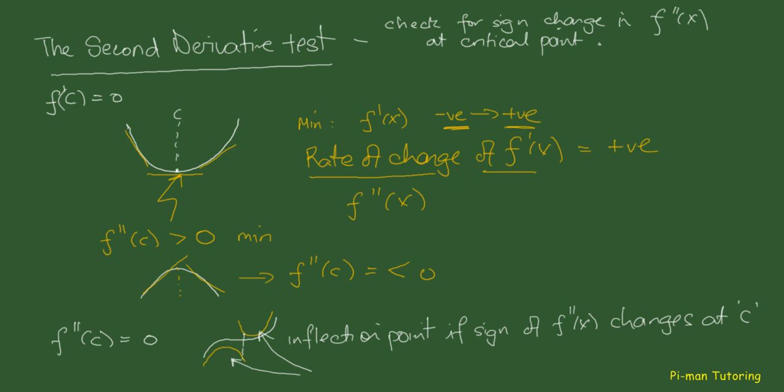So we pretty much have all the tools we need to be able to plot any function that's thrown at us. The only other thing we need is a simple way of tabulating critical points and the behavior of the function at those critical points.